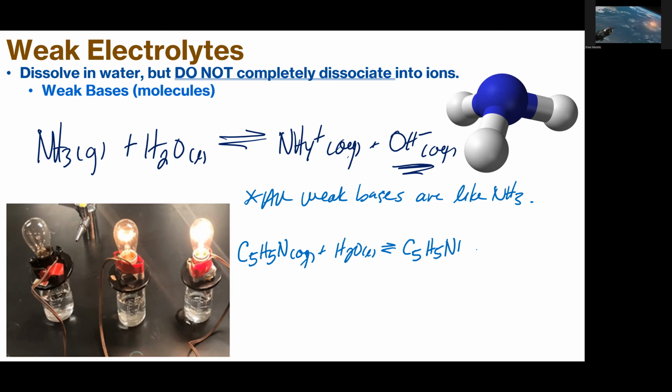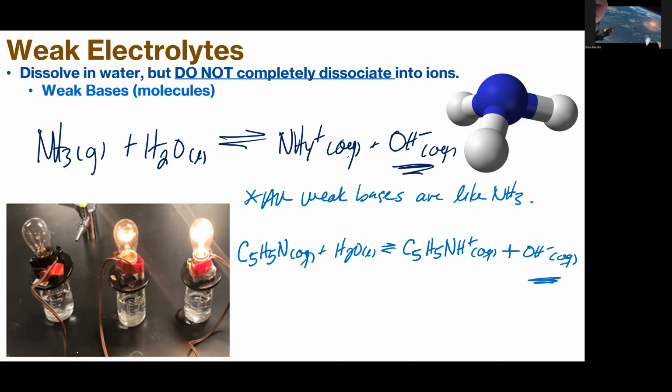NH plus aqueous and give us OH minus. There we go. Again, we made OH minus, so this is acting as a base. Okay, and we will dive into this in a lot more detail in Gen Chem 2, but I just wanted us to know that all of our weak bases are organic things that look like ammonia.